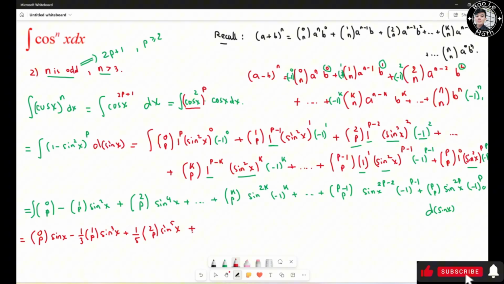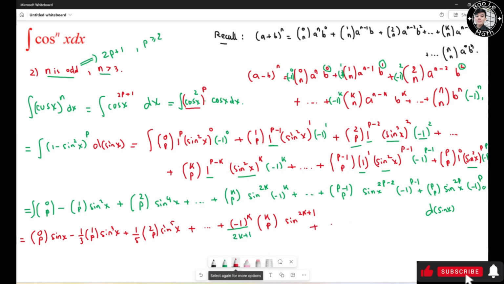Alright, plus etc., plus the general term right here. It's going to be negative 1 to the k, the combination of k, p. Then sine of 2k plus 1, right? And then you need to divide by 2k plus 1. So you need to put it right here over 2k plus 1.